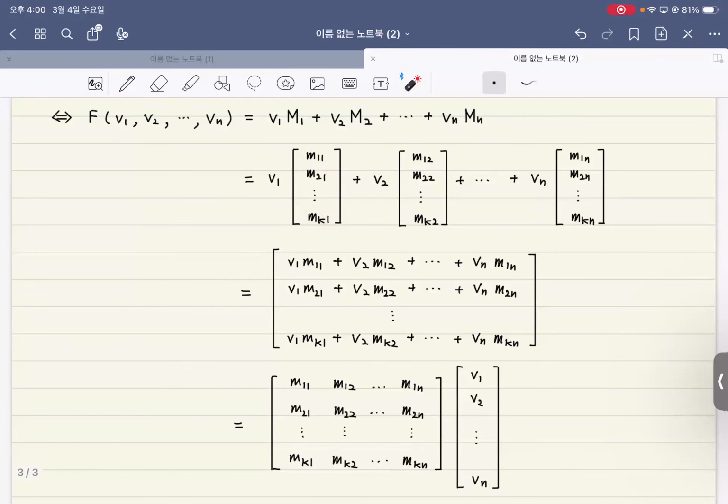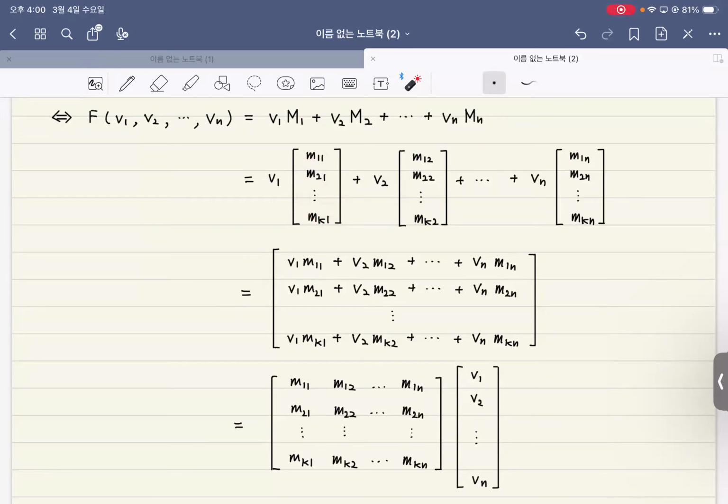If you can find all these vectors from M1 to Mn, and they are actually the function values of f at the standard unit vectors, then you're going to have n many k-dimensional vectors.